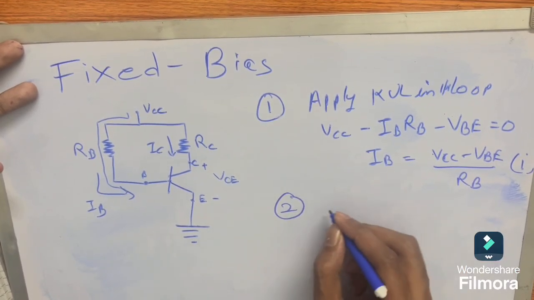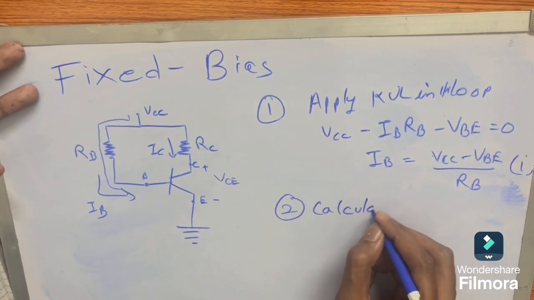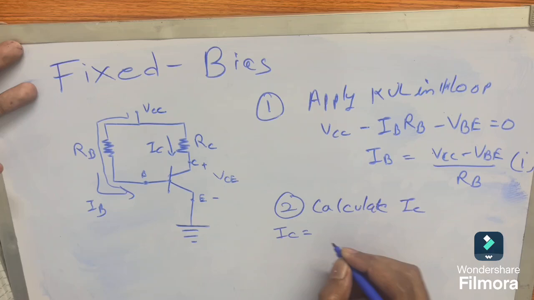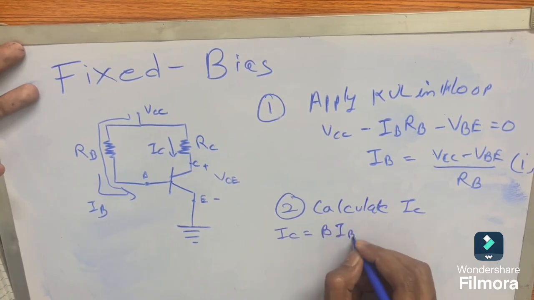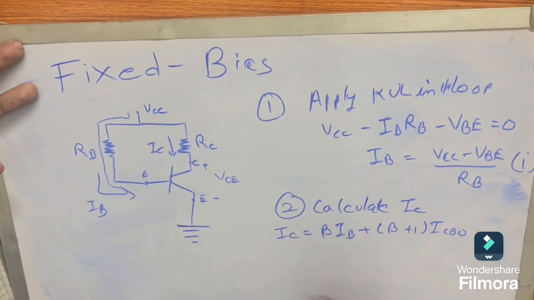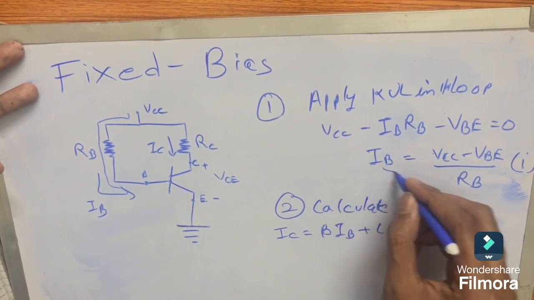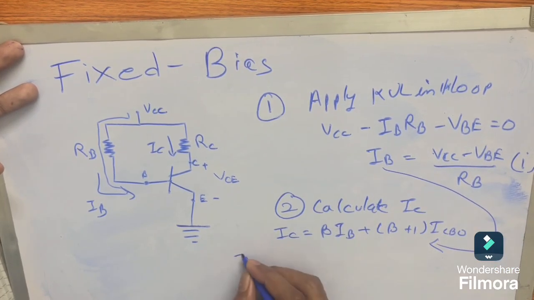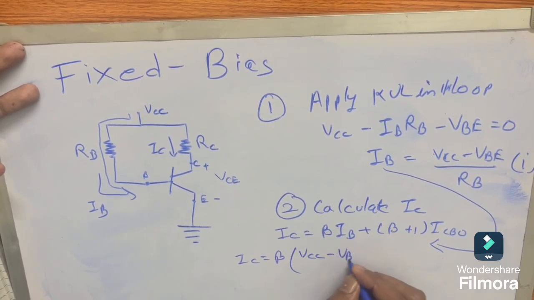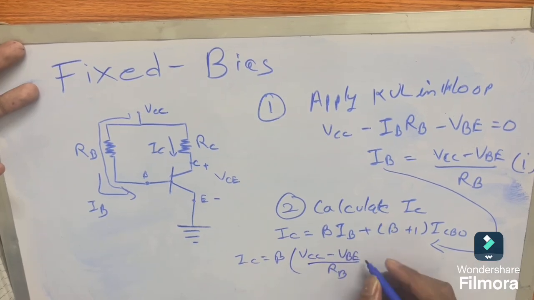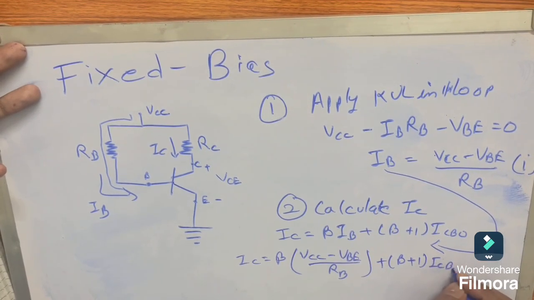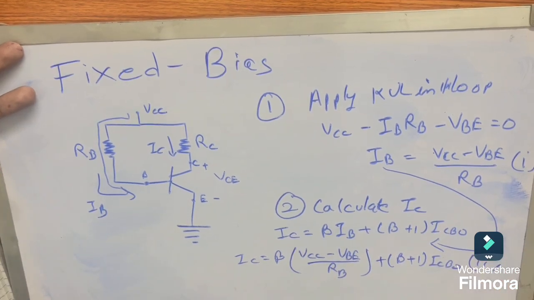Now step 2, calculating IC. The formula of IC is beta IB plus (beta plus 1) ICBO. Now putting the value of IB in this equation, we get IC equal to beta (VCC minus VBE) by RB plus (beta plus 1) ICBO. This is equation number 2.